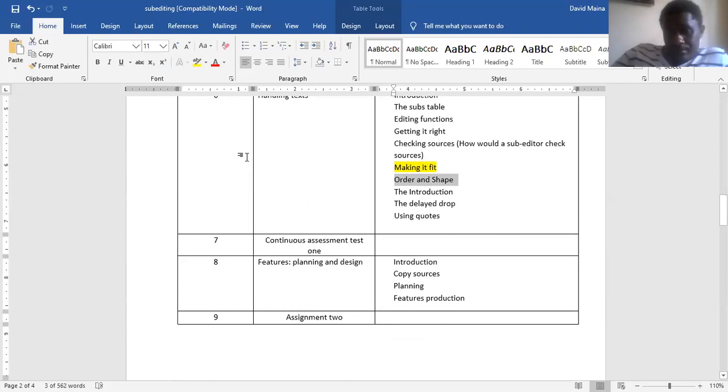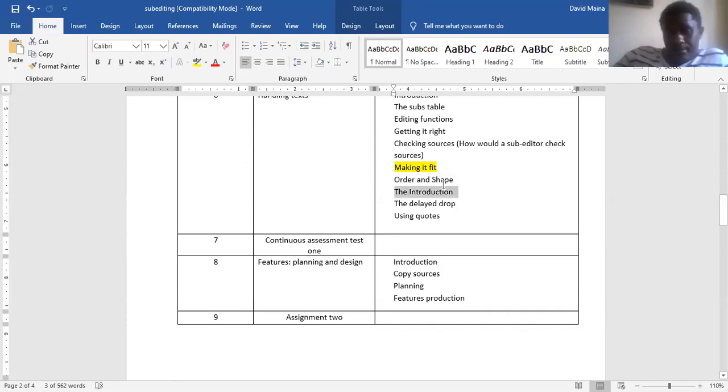Like every newspaper, we start with what we call the breaking news or the hard news stories. Then from the hard news stories, we go to soft news, etc. So we are going to see how you order. This way, we are going to look at the inverted pyramid, and the 5 W's and an H.